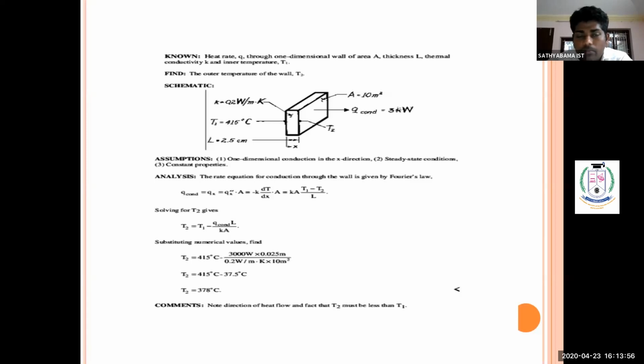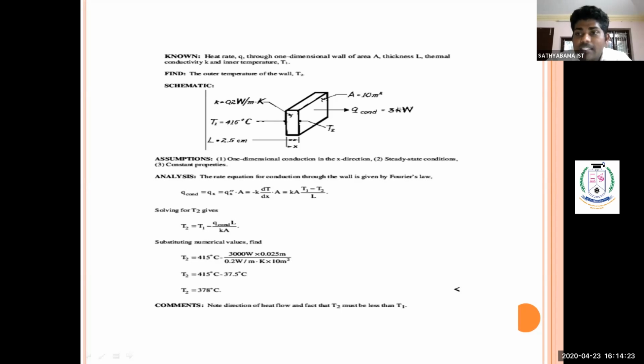See, in this problem they have given only the diagram. A single plane wall has thermal conductivity and initial temperature T1 given, and the exit temperature is not given. You can look at the diagram where the single plane wall's thermal conductivity is given as 0.2 watt per meter Kelvin, and the area of the wall is given as 10 meter square.